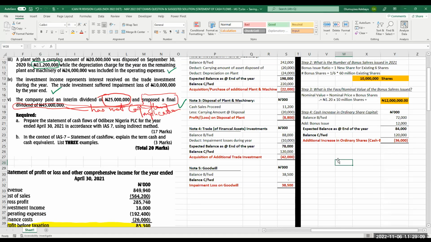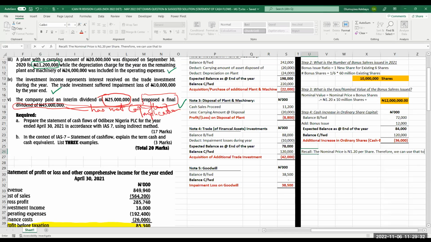If you remember, the nominal price is 1 naira 20 kobo per share. Therefore, we can use that to determine the number of additional ordinary shares issued for cash consideration.